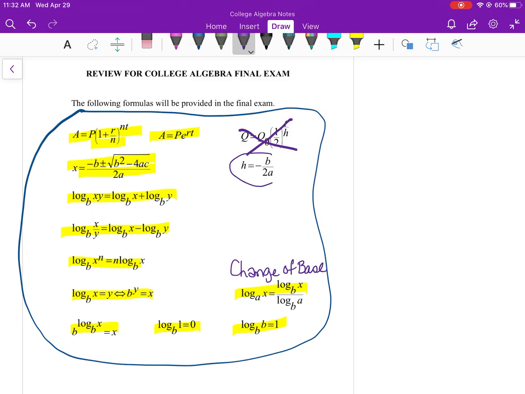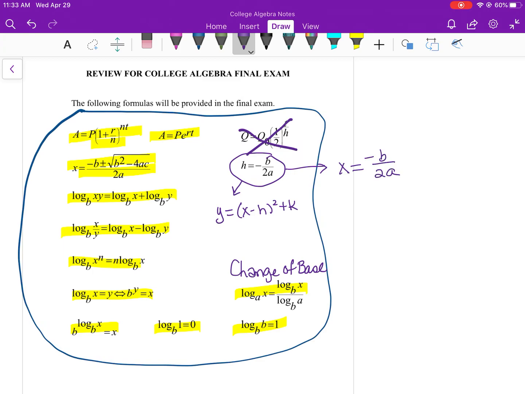And this one, that is how you get the x-coordinate of your vertex of a parabola. So this book calls it h, or this review sheet calls it h. So if this is a parabola, the h is referring to the left-right motion. So this is the same as x equals negative b over 2a.